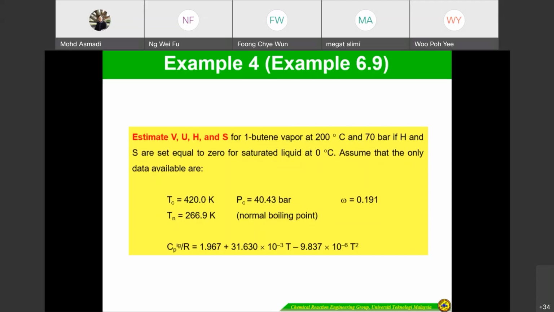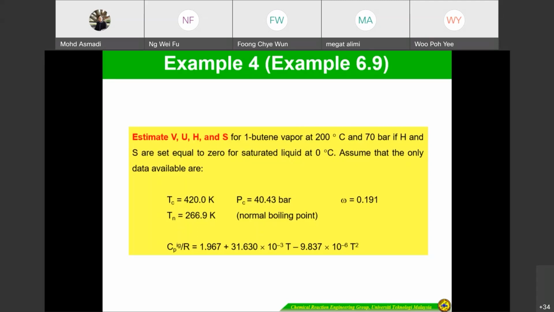If you look here, estimate V, U, H, S for 1-butane vapor at 200 degrees C and 70 bar, if enthalpy and entropy are set equal to 0 for saturated liquid at 0 degrees C. Assume that the only data available are below TC: TN, PC, omega.